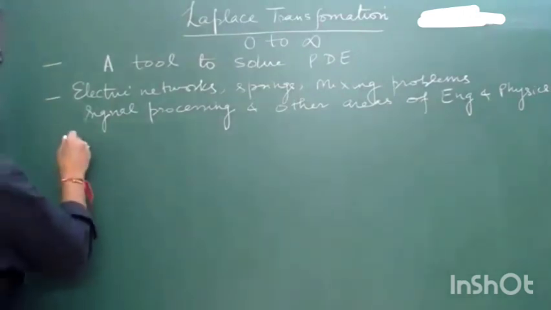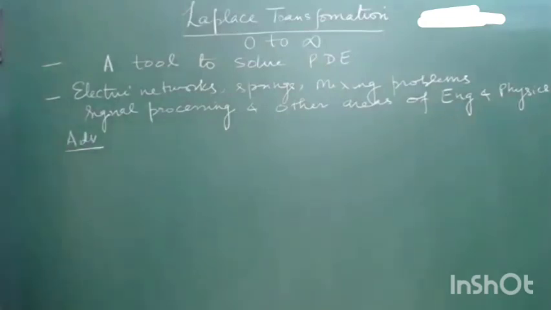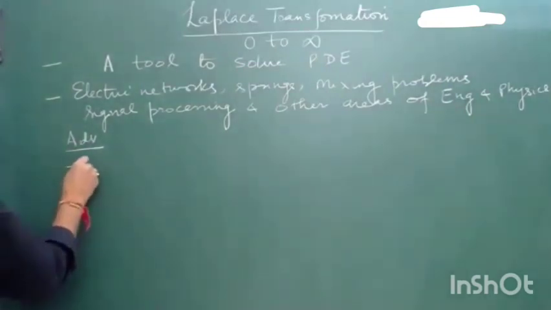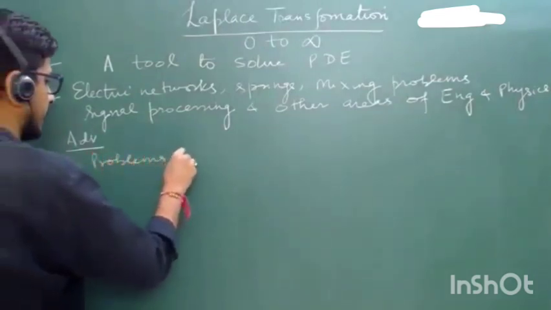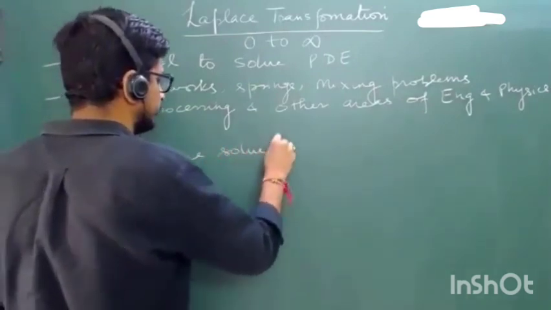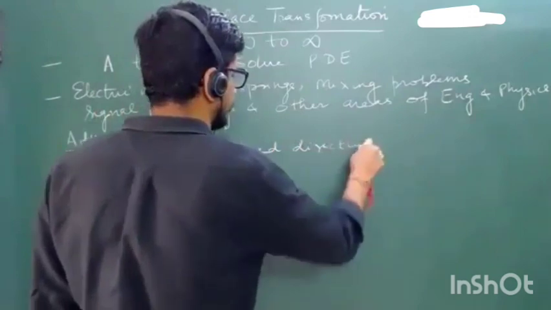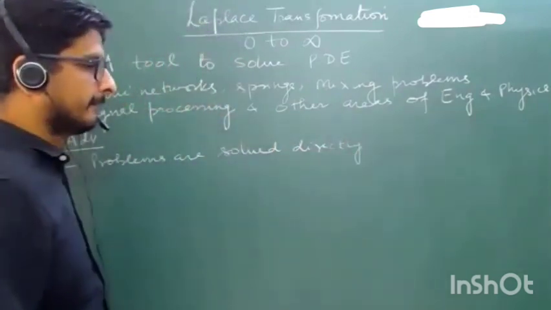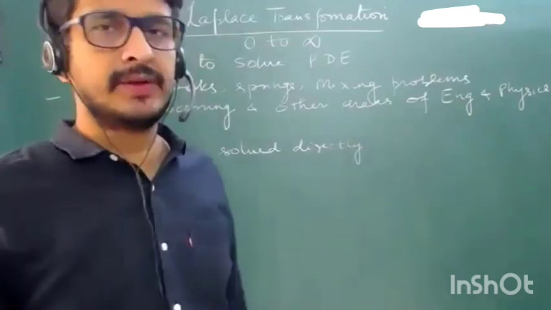What are its advantages? What are the advantages of using this? So problems are solved directly. What do you mean by this? That in normal case, how we solve the differential equations?